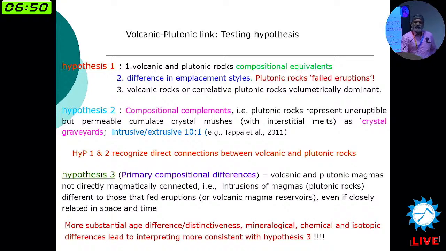Another idea is that if you have sucked some material out of it, then the remaining residual part has to show you a complementary geochemical relationship. Another possibility is that there is no link.